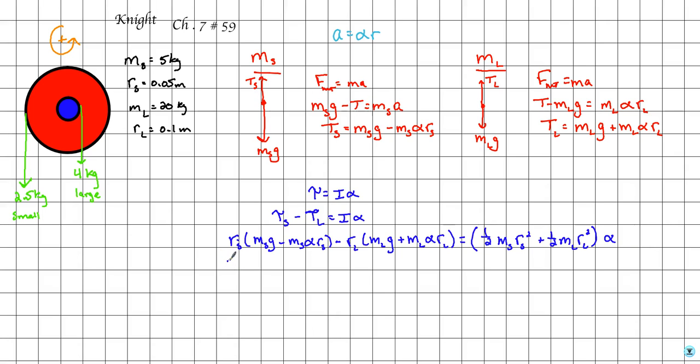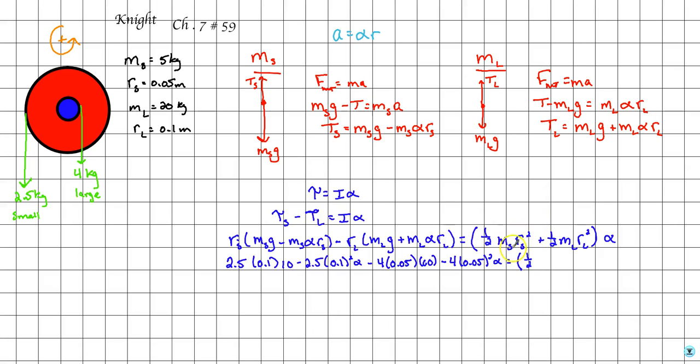So we go with 2.5 times 0.1 times 10 minus 2.5 times 0.1 squared times alpha, minus 4.05 times 10 minus 4.05 squared times alpha, equals 1/2.